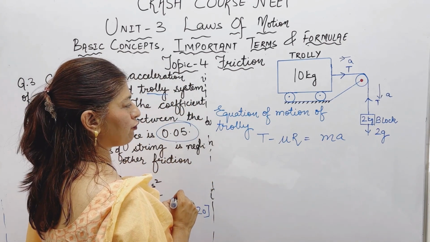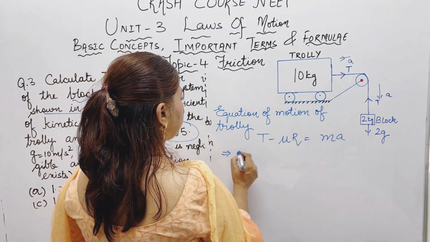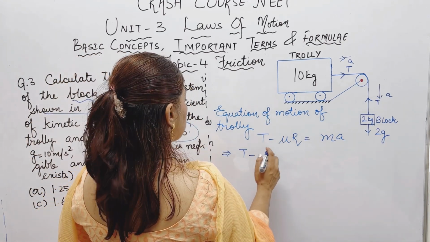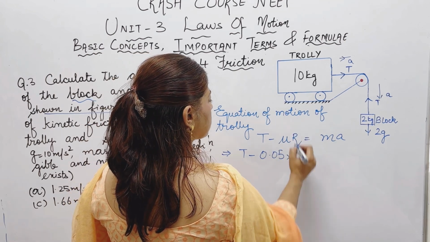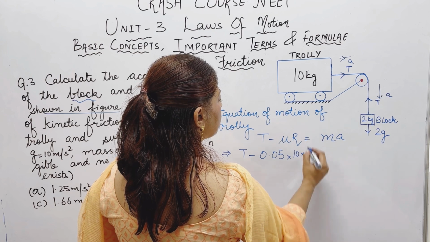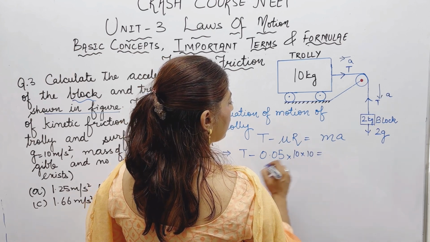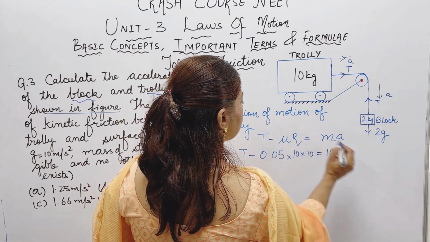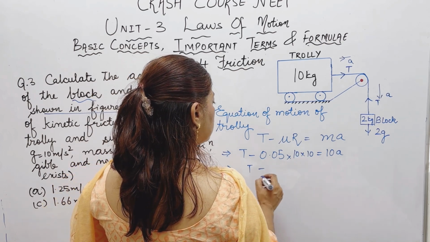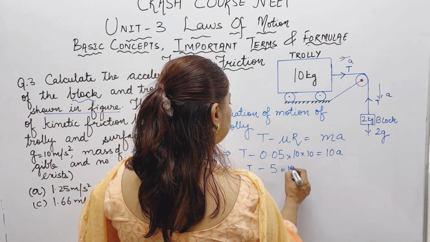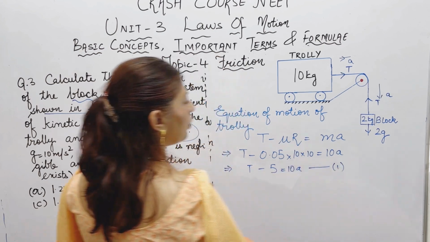This is the equation of motion. So we have T minus mu, which is given to us as 0.05, and R will be mg, mass is 10 kg, and g will be taken 10 as per the question. Again the mass is 10 and acceleration is a. So this value comes out T minus 5 equals 10a. Mark it as equation number 1.